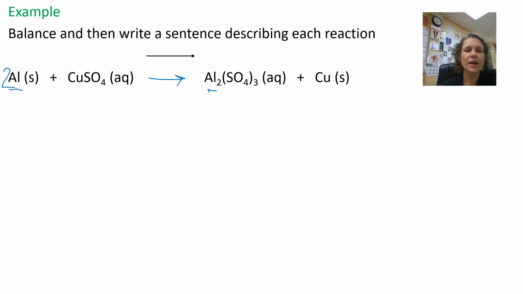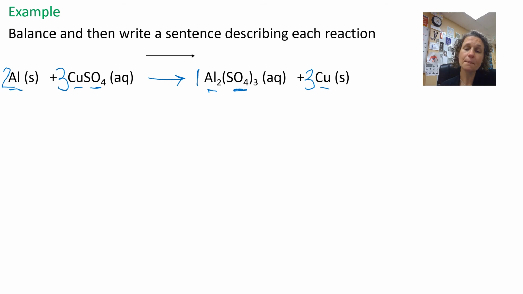Then I have 1 Cu and 1 Cu. Then I have 1 SO4, and on the other side, since SO4 stays together, I'm going to balance it as a group. I've got 3 over there. So my SO4s aren't balanced, so I need to put a 3 here. And that has changed my Cu's, so I have to put a 3 here. And that should be good if I just put in a 1 there to remind myself.